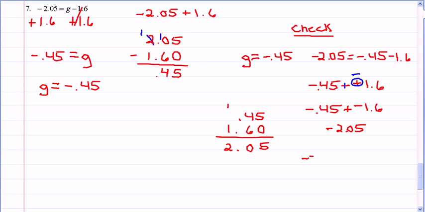So both the left and right sides are equal to negative 2.05. So the final answer is g equals negative 0.45.